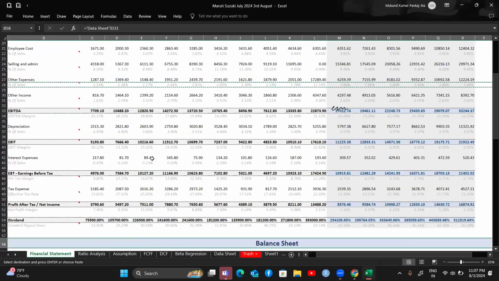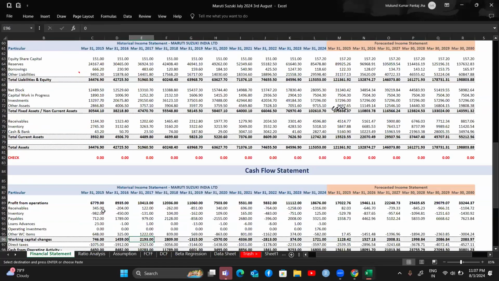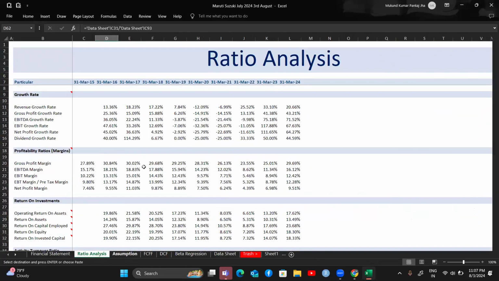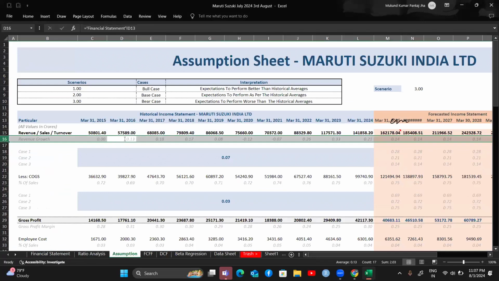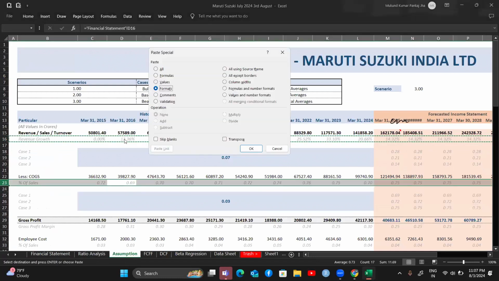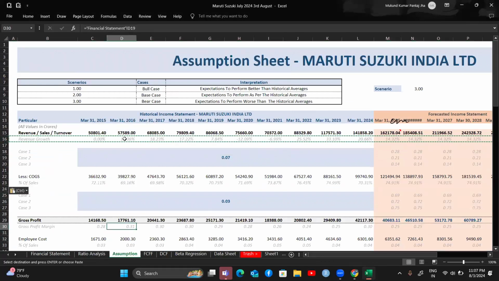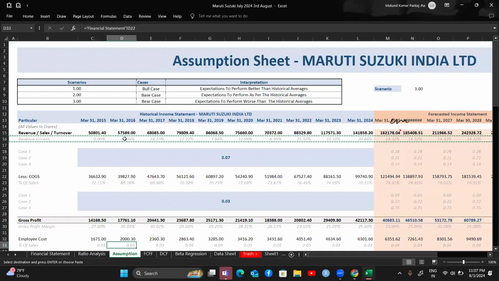All these are already in percentage terms. These are also in percentage terms. We didn't do anything over here. Alt ST, Alt HP, Alt H0, Alt H0, Control C. And one more important thing, guys, for the first time initially we will have to copy this.